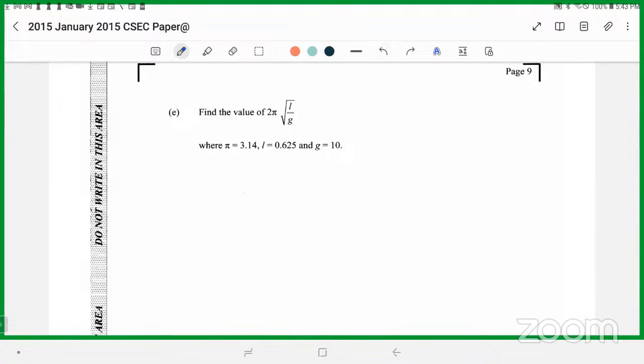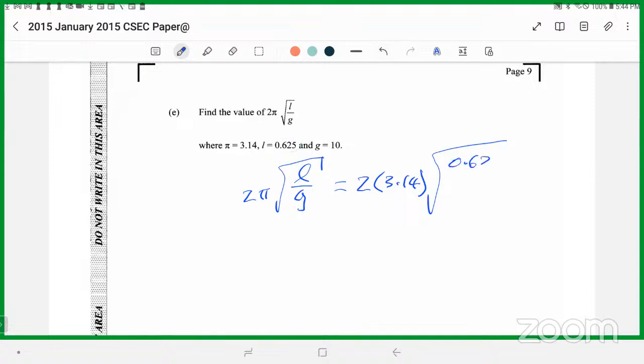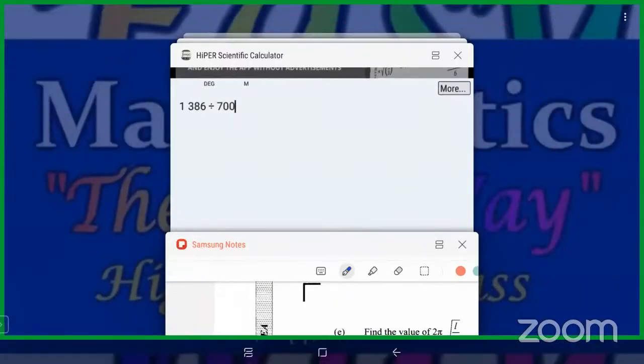The 2 pi root L over G will be equal to 2 times 3.14 times the square root of the L, which is 0.625, over the G, which is 10. This is what we're working out. Let's put it in the calculator.